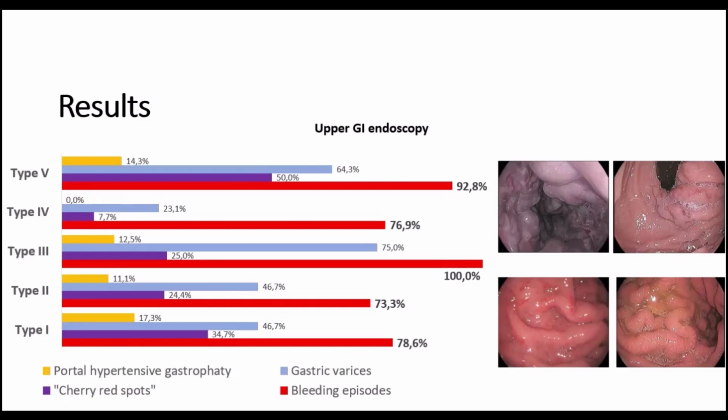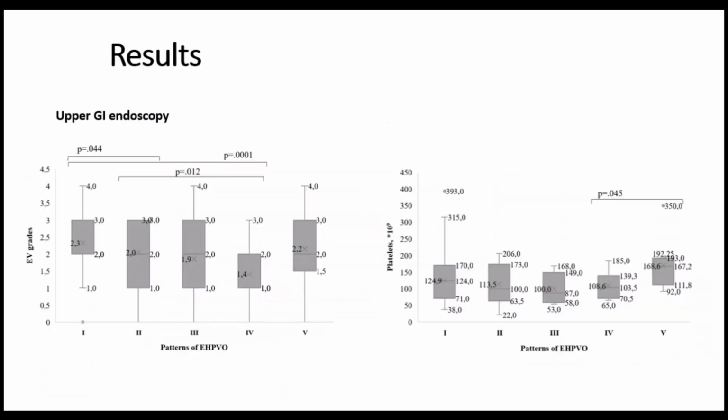Also, these children had a lower rate of cherry red spots. Additionally, children with the type 4 pattern had significantly lower grades of esophageal varices, especially compared to type 1 and type 2 patterns.